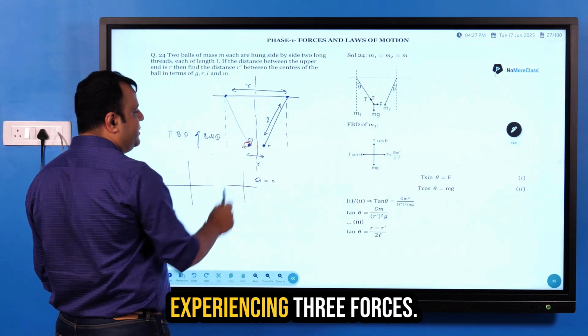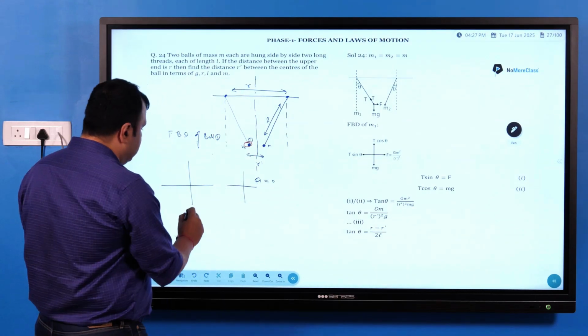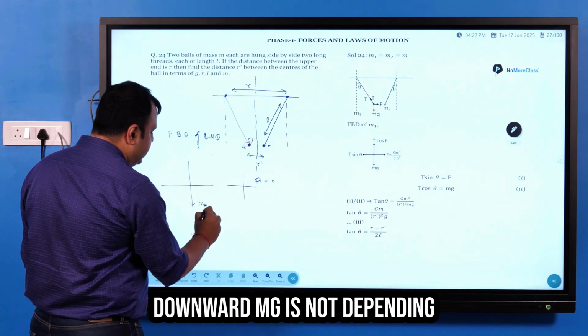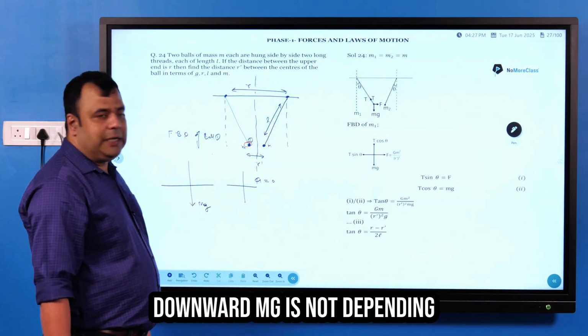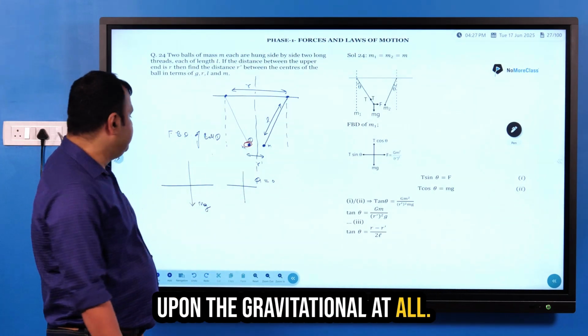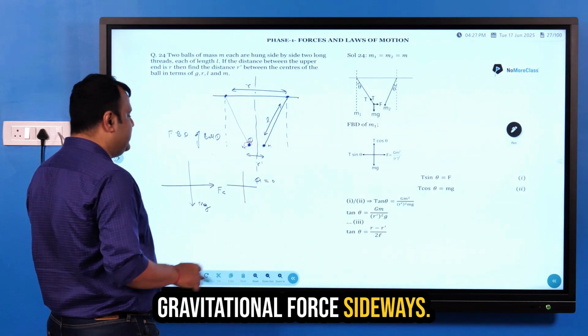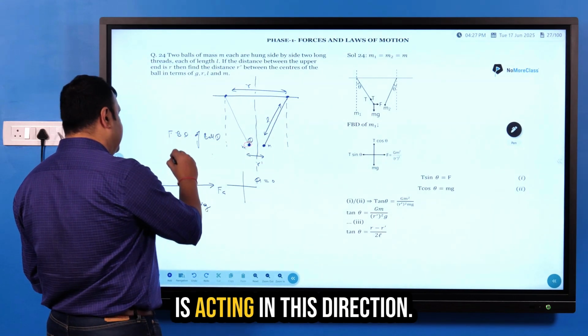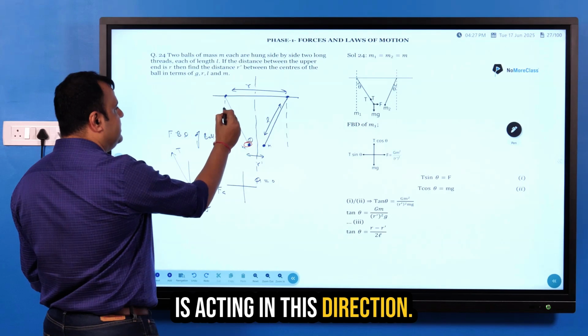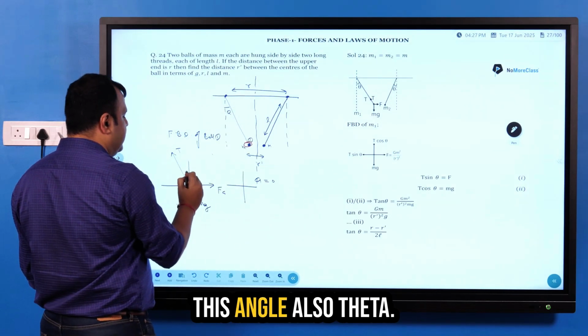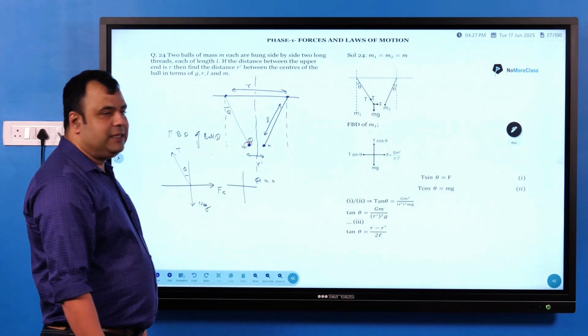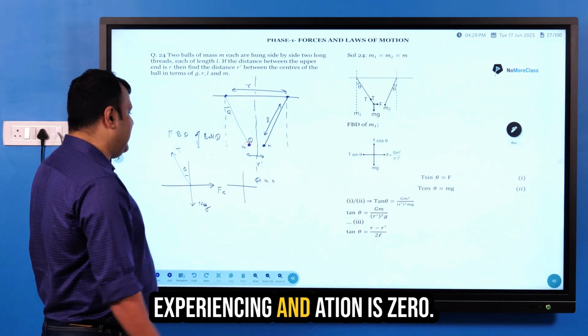Now this ball is experiencing three forces. It is experiencing mg force downward, and mg does not depend upon the gravitation at all. It is experiencing the gravitational force sideways, and there is one tension acting in this direction. If this angle is theta, this angle is also theta. These three forces it is experiencing, and acceleration is 0.